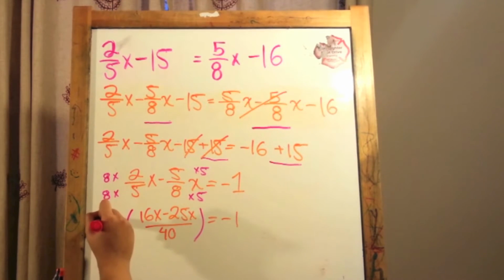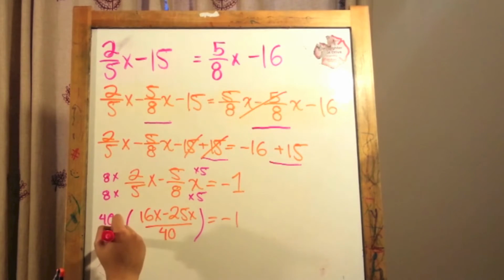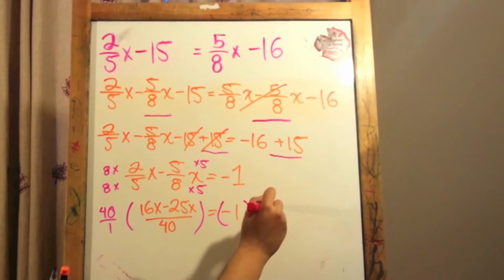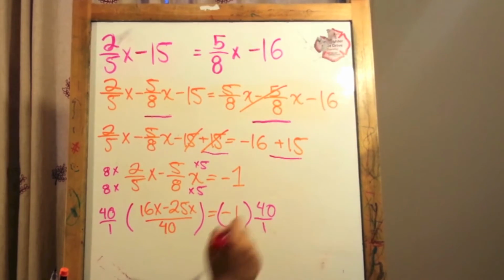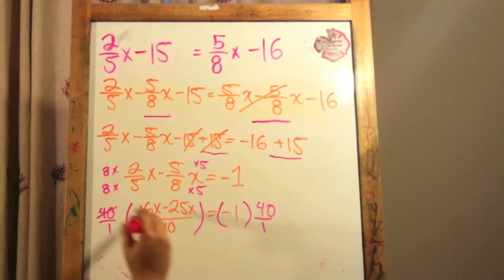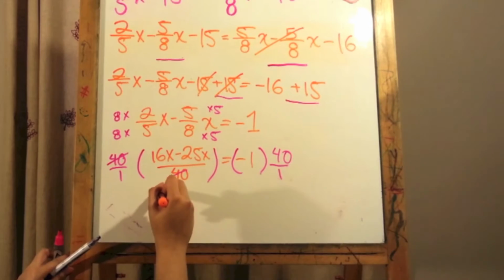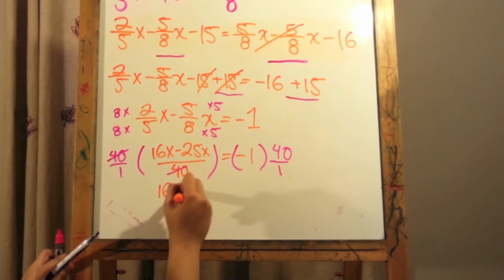Now to get x variables on their own, we have to multiply by 40 over 1 on both sides of this equation. As a result, our denominator of 40 cancels out, and we're left with 16x minus 25x equals negative 40.